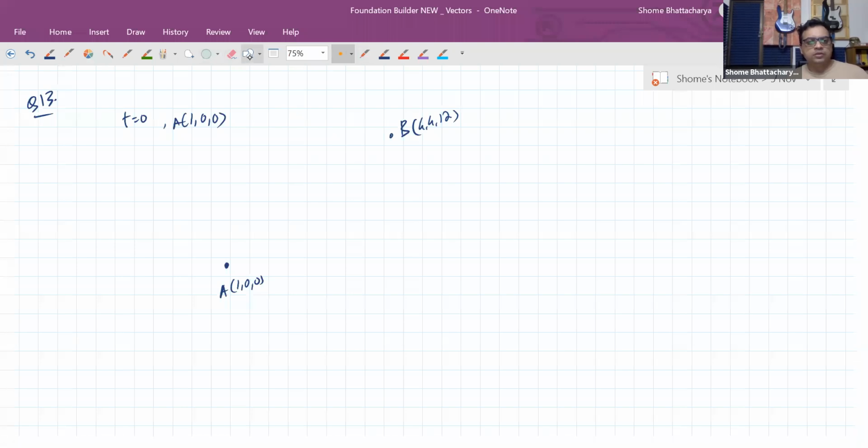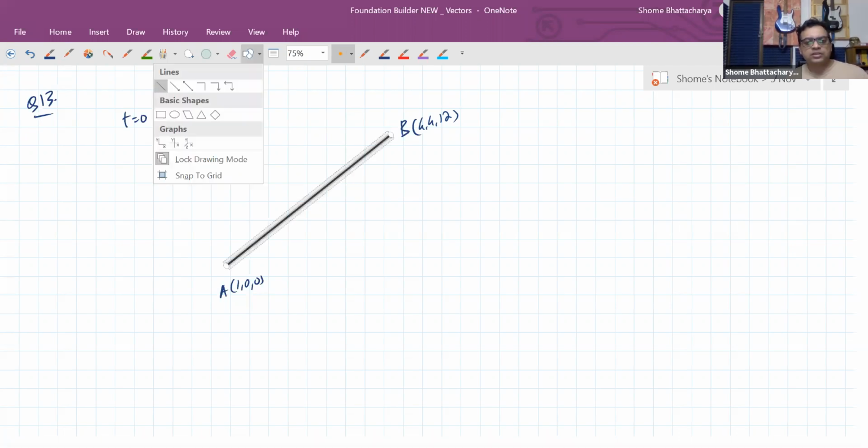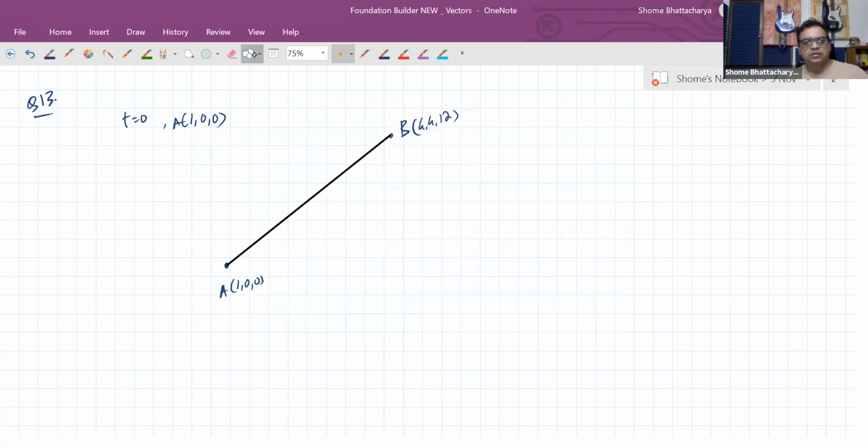So the motion of this particle is directed along this line. Okay. So therefore we can say that the velocity vector is directed along this line, this is what it means.